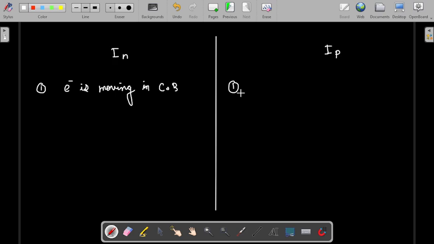Or as an example, let's take everything as an electron: an electron is moving in the valence band. It is the same thing, since electron and hole are equivalent in an intrinsic semiconductor. There is no difference between both, so electron movement in the valence band.